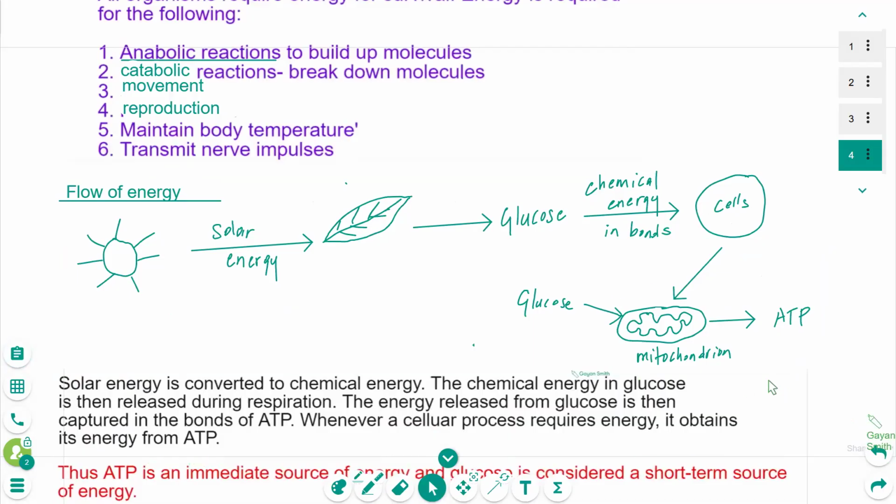So what we're seeing in this flow chart is solar energy being converted into chemical energy.